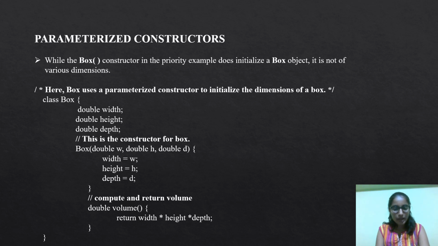It includes a parameterized constructor, Box(double w, double h, double d), that initializes the dimensions of the box with the values provided as parameters. There's a method named volume that calculates and returns the volume of the box using the formula width times height times depth.